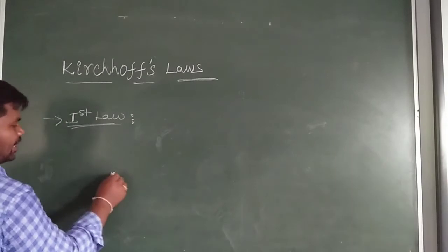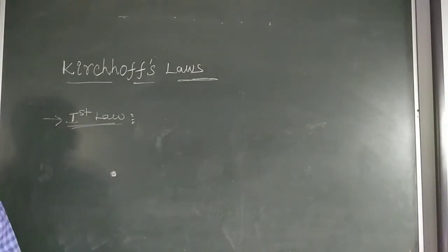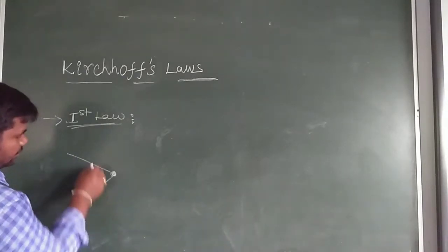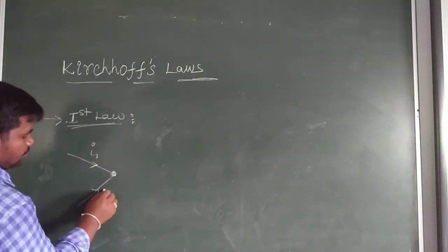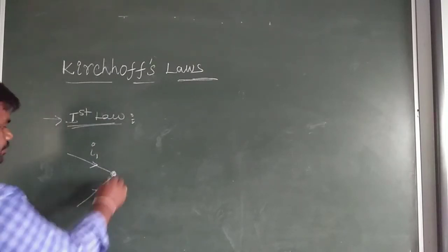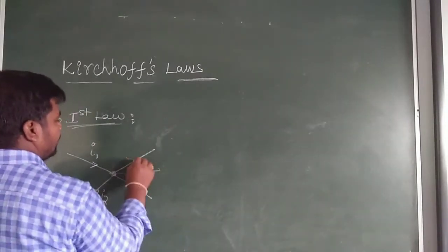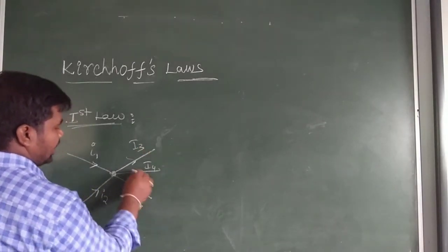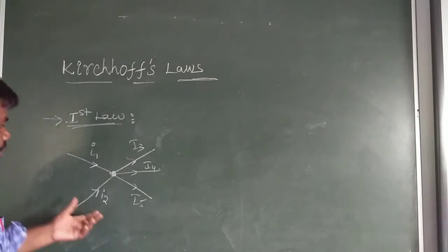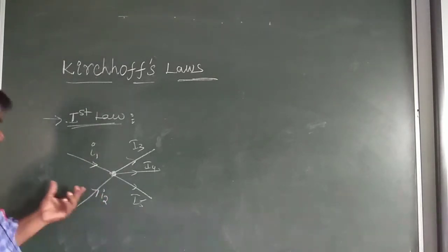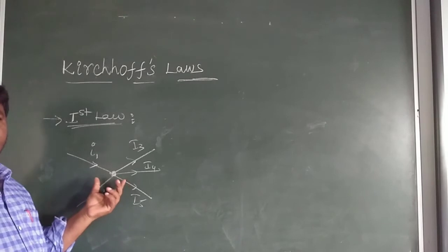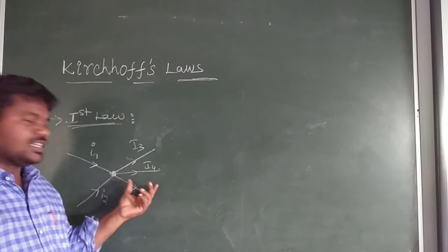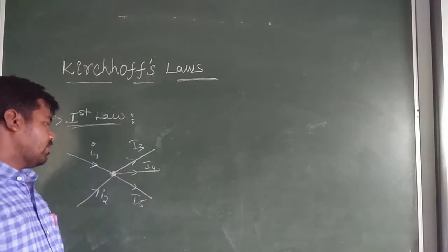Consider a junction where currents I1 and I2 are entering, and I3, I4, I5 are leaving the junction. The algebraic sum of the currents entering equals the algebraic sum of the currents leaving.